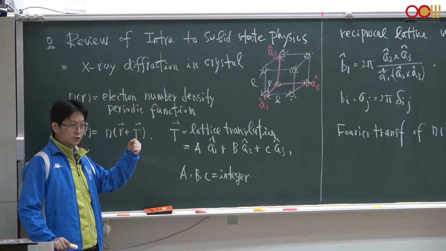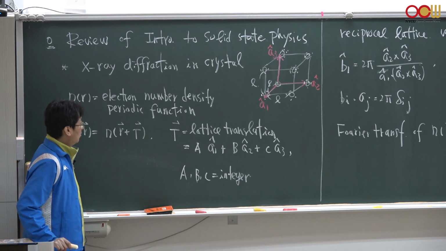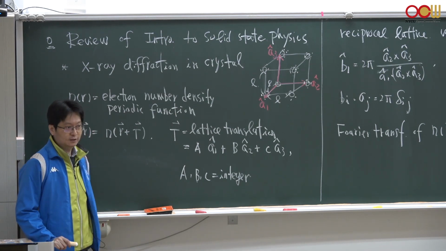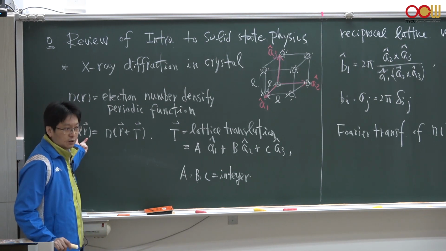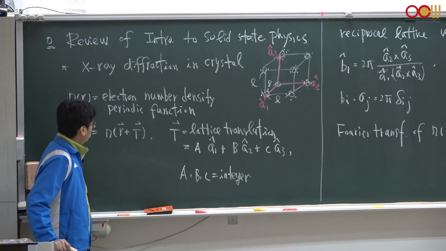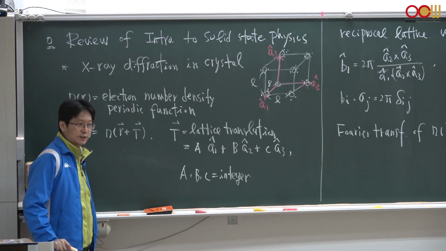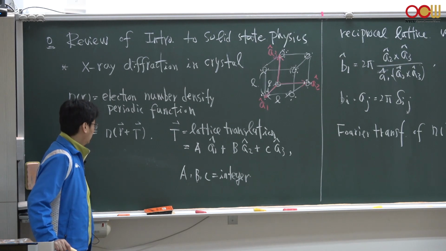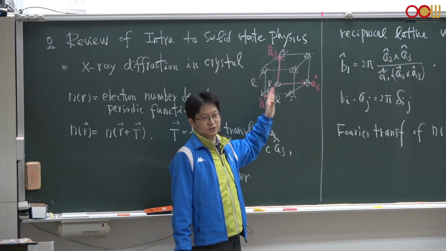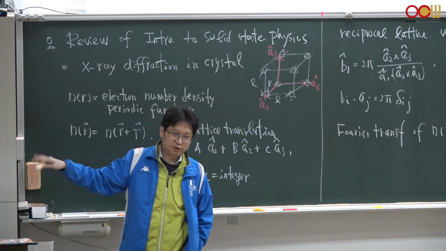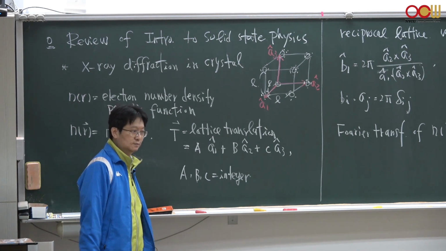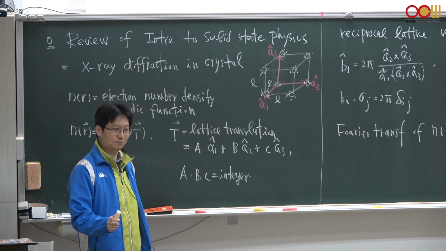So you simply shift your point by an integer multiple of the lattice spacing, and if you measure the electron density over there, shifted by a lattice translational vector, you'll get exactly the same electron density. And that is the property of this solid state system, that you are dealing with periodic structures of electrons and ions, and everything is periodic.